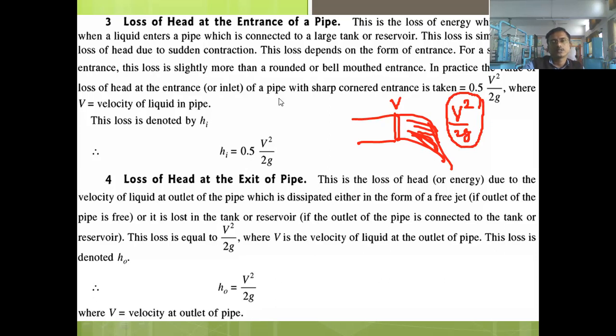So here you can write down the equation for loss of head at the exit of pipe as H0 is equal to V square upon 2g. This is the head loss at the exit of the pipe.